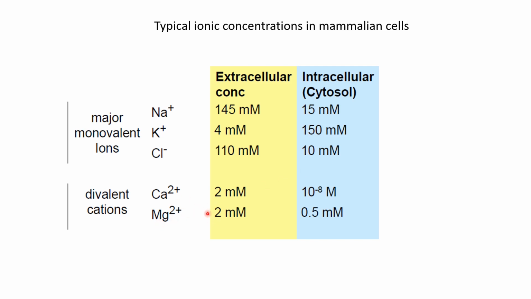The divalent ions are present in much smaller concentrations, and they are present at a slightly higher concentration outside compared to inside. But the overall concentrations are much lower compared to these monovalent ions, as you can see.